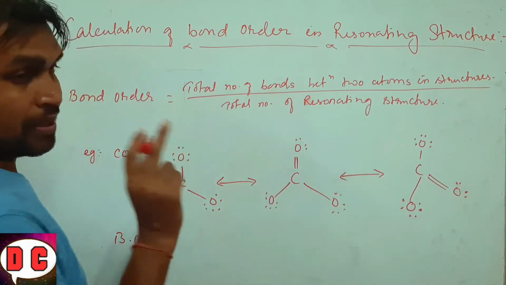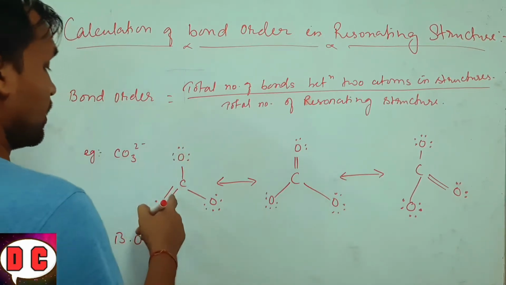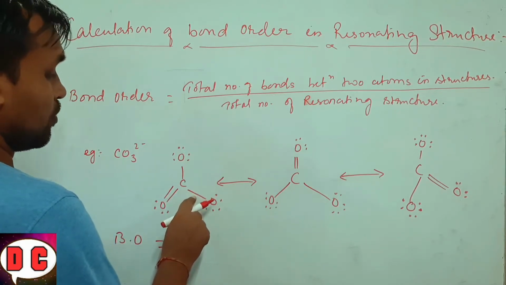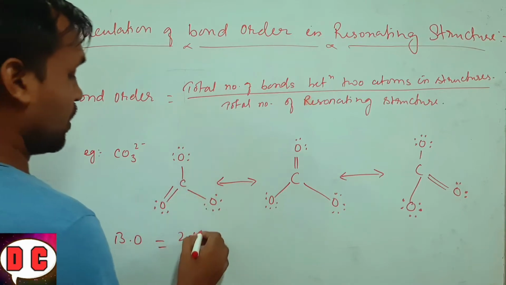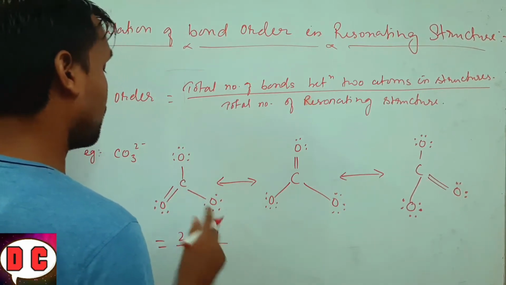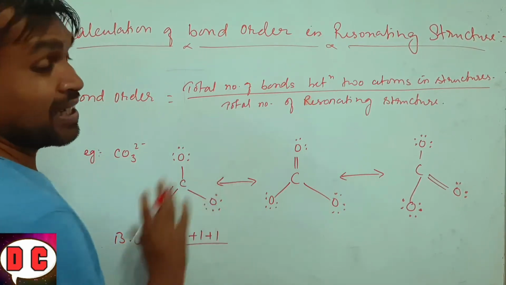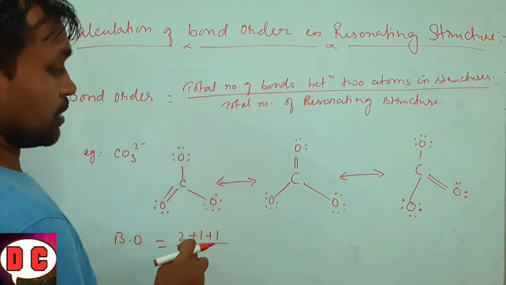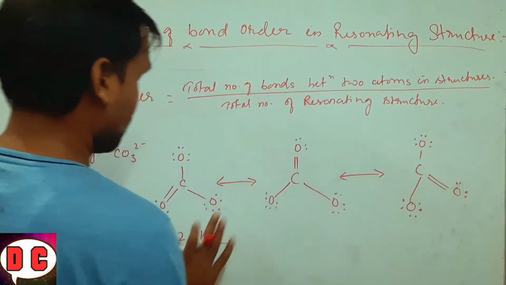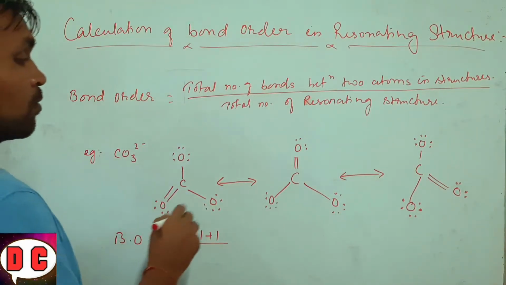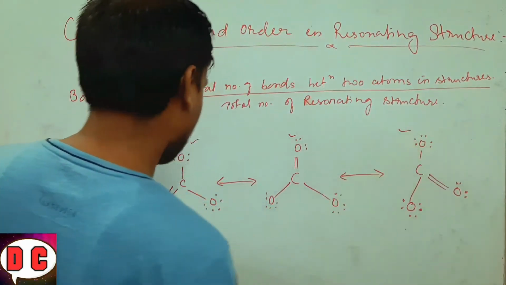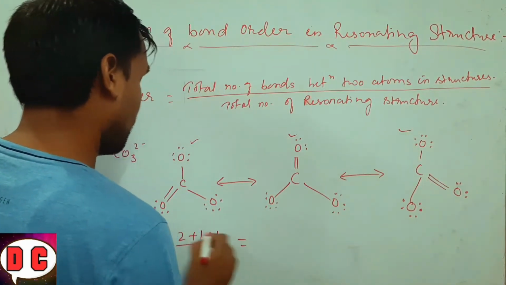For a double bond we write 2, plus 1 and 1, so 2 plus 1 plus 1. The total number of bonds is 4. Everywhere it is 4, so you have written 4. Now what is the number of resonating structures? 1, 2, 3, so divided by 3, so you will get how much?